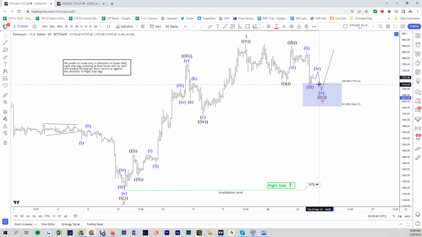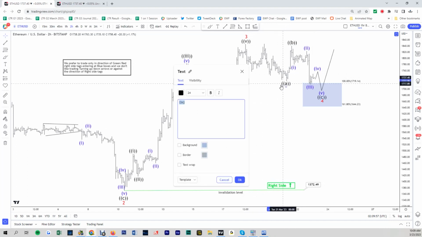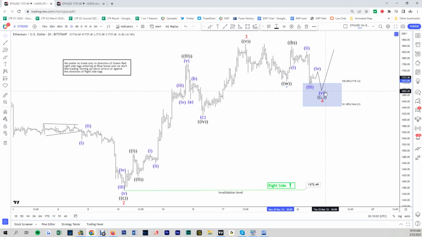Now of course if it rallies from here, then you can try to force this to be a WXY. So you can call this W here, X here, and Y, right? Just to give you another option, if we don't see any further downside, you can break down the subdivision here into a 3 swing.